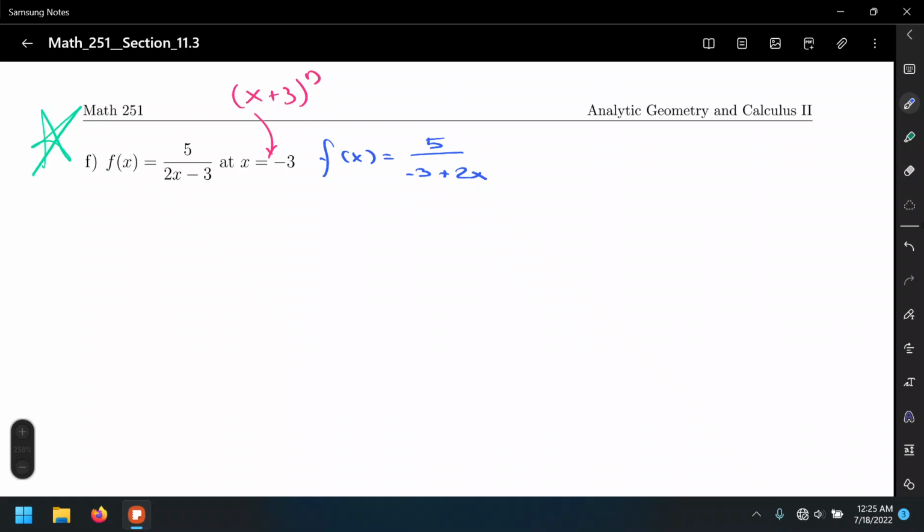Alright, and then from here, this is where I'm going to do the trick of writing the special version of 0. So negative 3 plus 2 times x. I need a plus 3 here. I can add that plus 3 provided I subtract a 3.